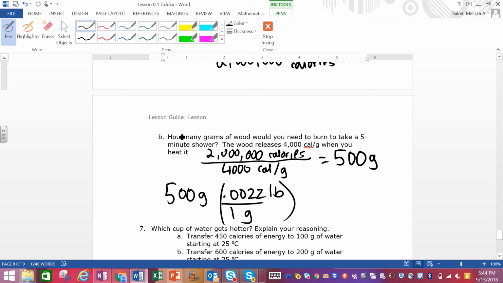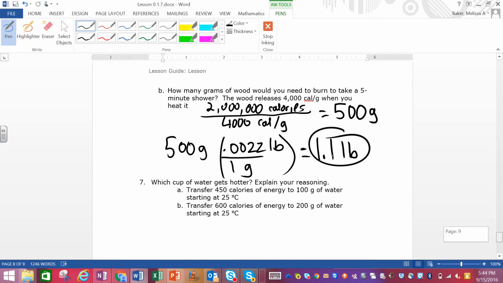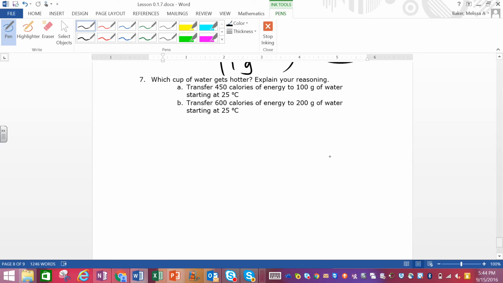So if we do 500 times 0.0022, sorry, I was having calculator issues. 1.1 pounds. I feel like this is not an accurate problem because that's like not very much wood, and I feel like it would take way more. So that's okay. It's a pilot curriculum.